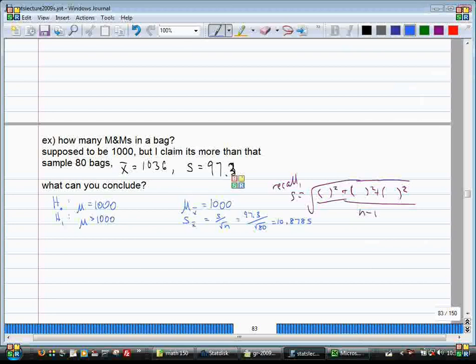We're going to use the t distribution, just like we were just talking about. We don't have sigma, we have S, so we're going to use the t distribution.